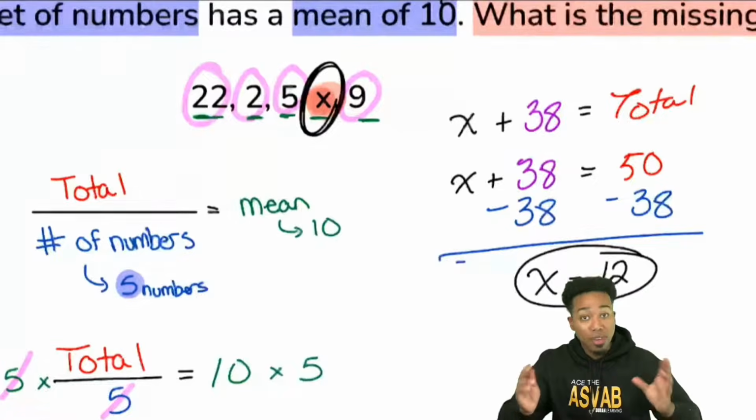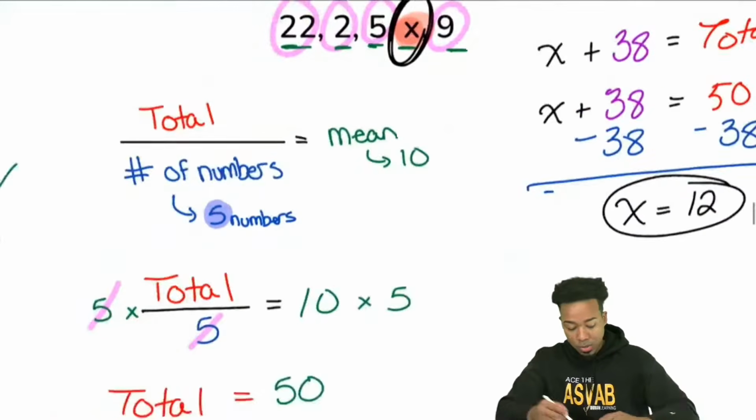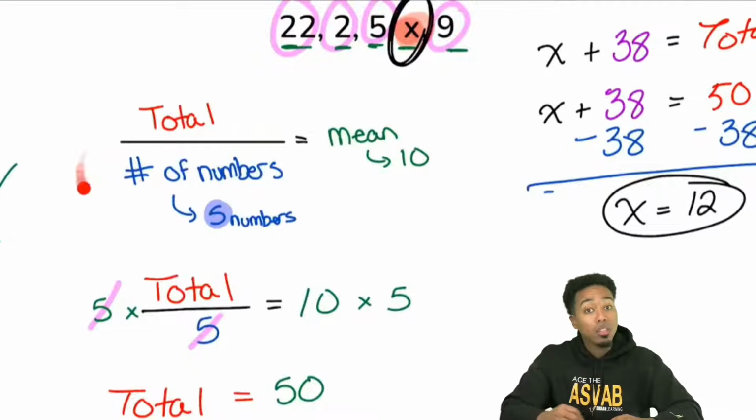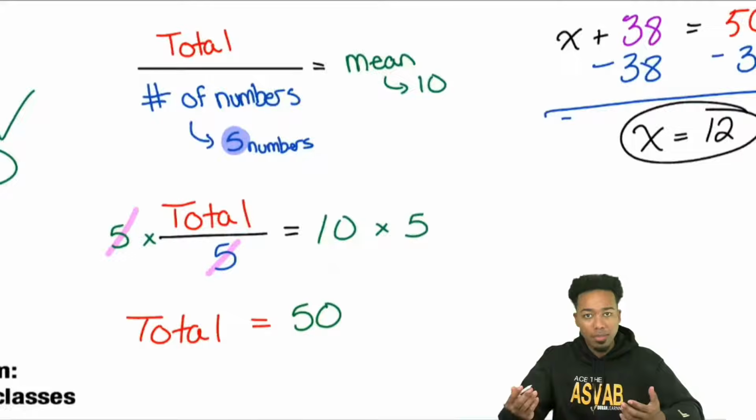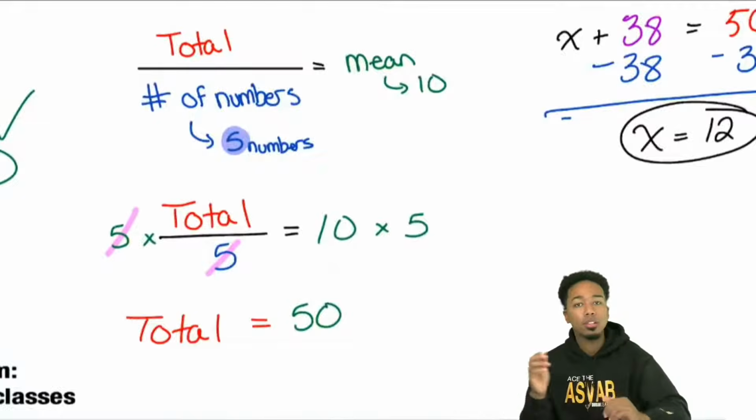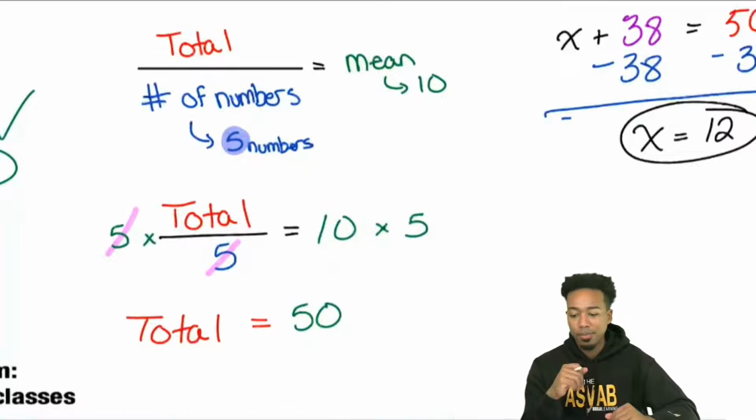And the way that you can find out what the total is, if you set up your formula, is to plug in the numbers you have. The mean they told you was 10. You had 5 numbers. If you want to get that total by itself, get rid of that denominator. Multiply it on both sides, and boom, you got your total very quickly. Once you have that, game on. Go ahead and just add those numbers up and see what you got left.